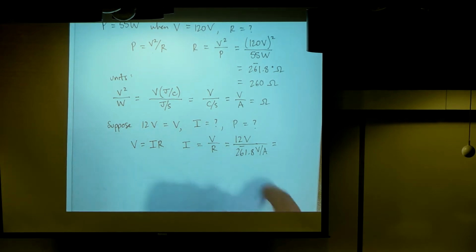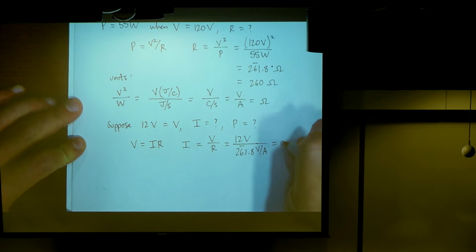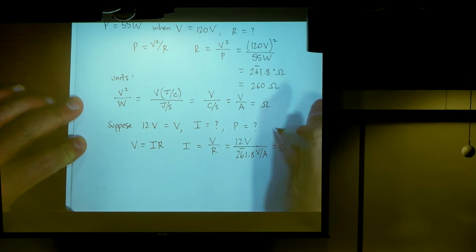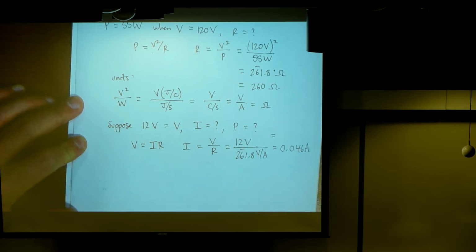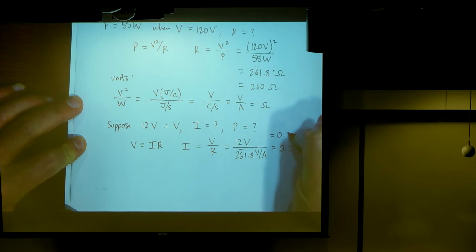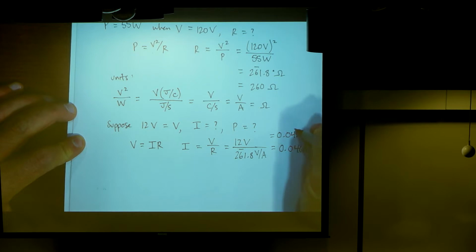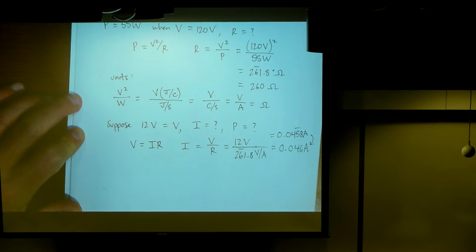All right, can someone tell me how many amps of current we're dealing with here? 0.46 amps. Yeah, 0.46 amps, that's right. That's rounded to the 2 sig figs. I'm going to write it down with 1 extra digit just for our next calculation. This is 0.0458 amps rounding to this answer, okay?